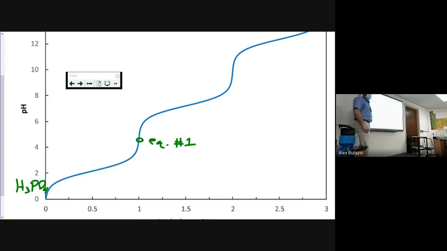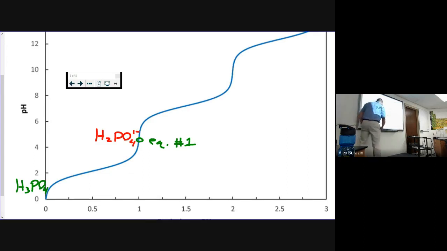Now, what does that mean? What that means is I have neutralized that first hydrogen off of my phosphoric acid. At this point in time, what I have predominantly is H2PO4-, because I've neutralized the first hydrogen.